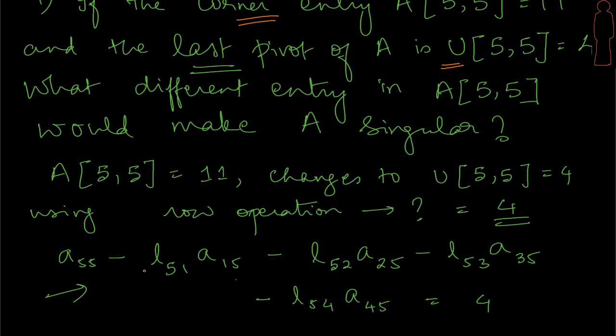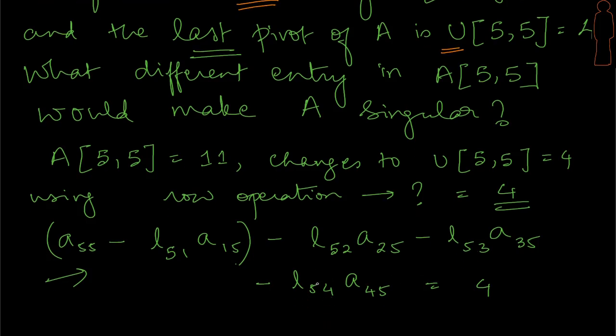The first multiplier is got by A51 divided by the first pivot, which is A11. So we took the first multiplier and the fifth element of the first row, and subtracted them, right? Now this is the new A55, or should I say A55 dash. From this we are going to subtract L52, the second multiplier, times A25, second row, fifth column. Similarly, you can understand the remaining, and we are actually doing 4 different row operations.